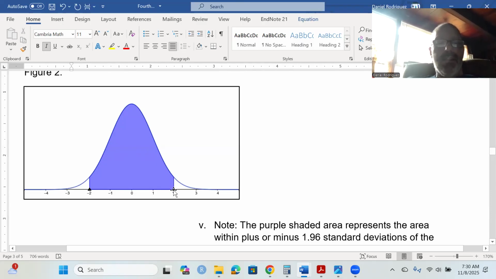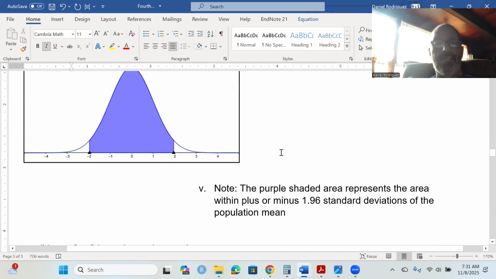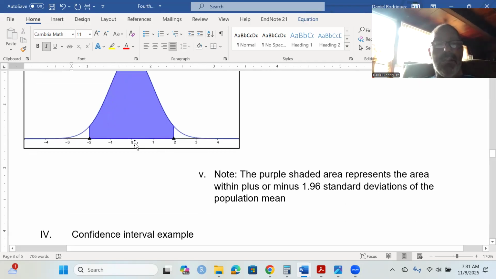This point, whatever this value is, cuts off the upper 2.5% of the distribution, because we cut it in half, 0.025, and the rest is below it. Between here and here is 95% because up here is the upper 2.5%, down here is the lower 2.5%. There's symmetry here. It's beautiful.